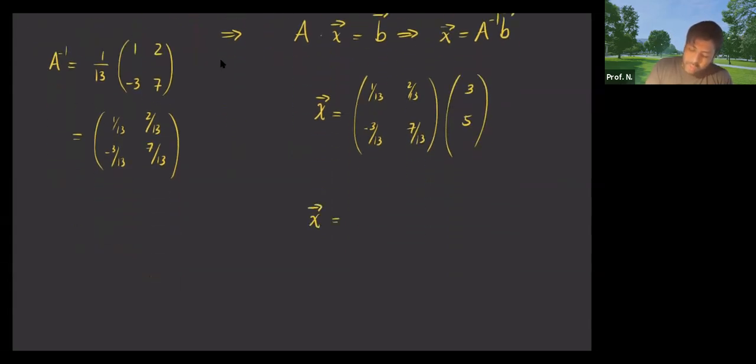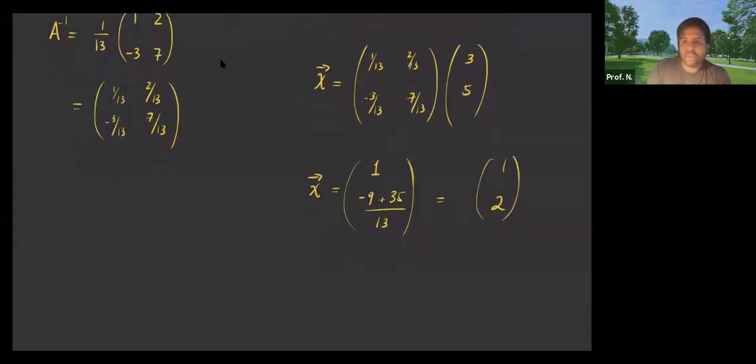And so we're going to get what? 3 plus 10, which is 13, over 13, gives 1. And then -9 plus 35, which is 26, over 13, which is 2.